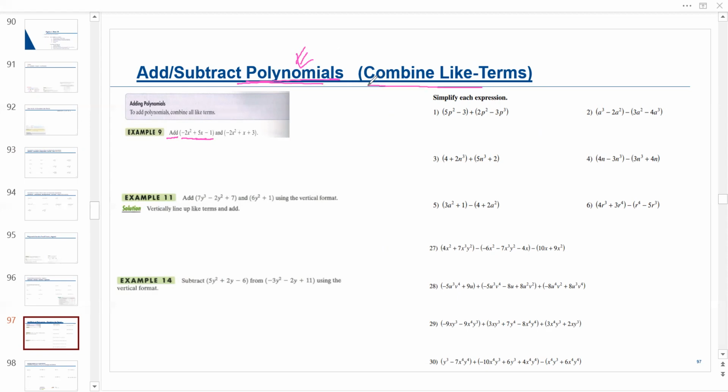Just say combine like terms. You can see this expression has three terms, multiple terms. These three terms we call a trinomial. We also call it a polynomial. You can see this is one term, this is one term, this is another term, right? And let's say add these two.